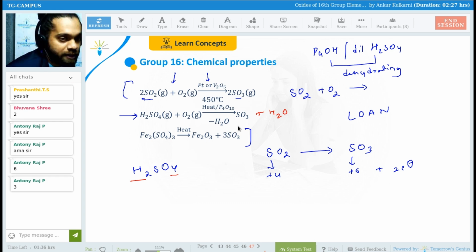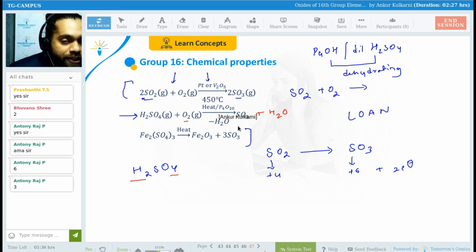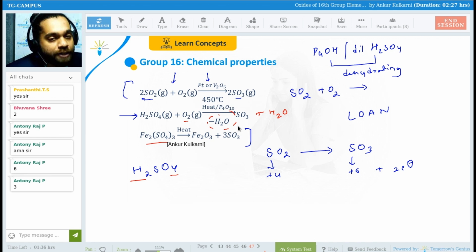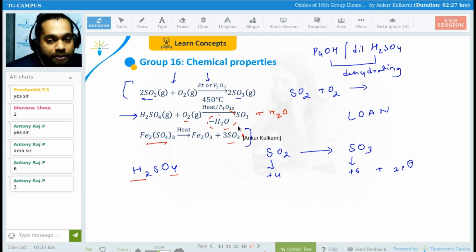If I heat it, I will get SO3. Similarly, if I do the same thing with Fe2(SO4)3 and heat it, sulfur trioxide gas will be evolved.